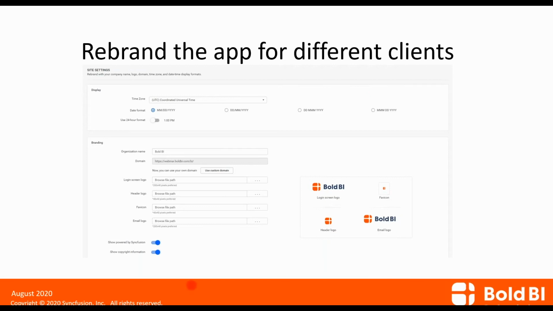You have complete control to rebrand the app for different clients. With one dashboard server, you can deploy multiple tenants, which are nothing but clients, and do the rebranding as you wish. All the rebranding operations are in the UI itself, so you don't need to get into code.